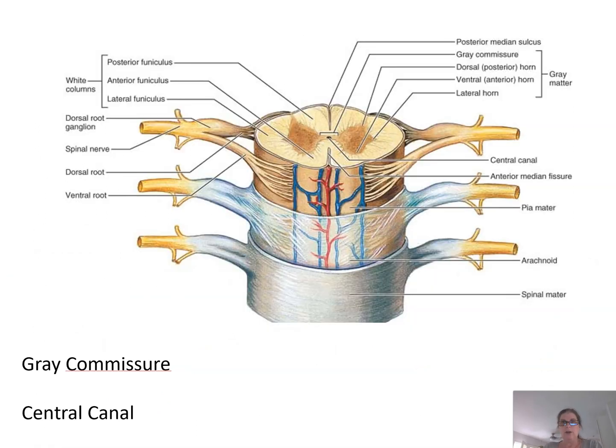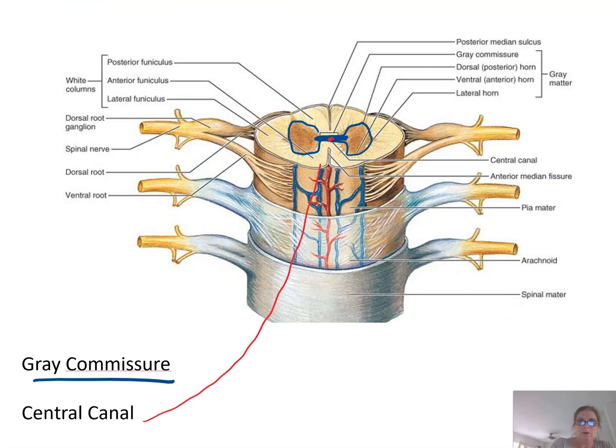So let's look at the gray matter first. You can see it here. Kind of go with the H example. There's something that connects the 2 sides of the gray matter, and that's called the gray commissure. So that's the piece right in the middle. You might remember the corpus callosum was a commissure that helped communicate between the 2 cerebral hemispheres. Now, right in the middle of that is a little hole.